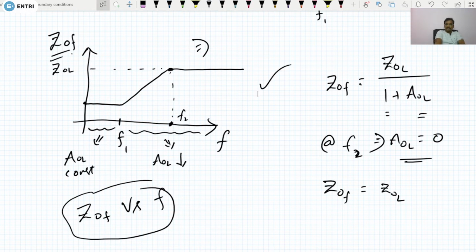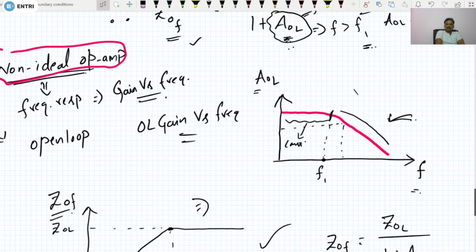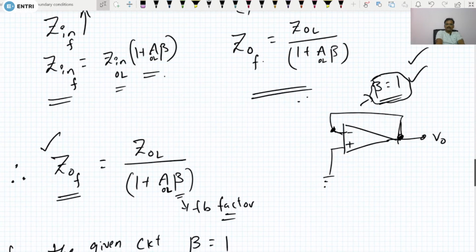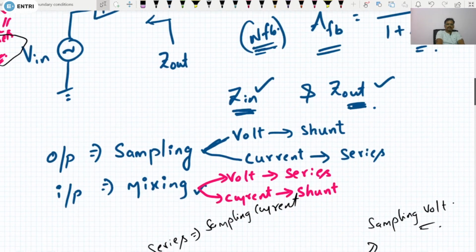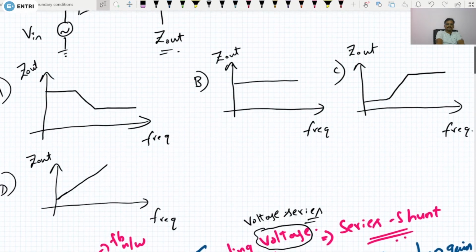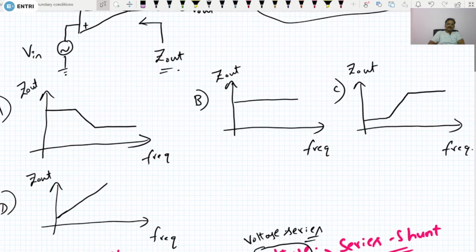So let us check which graph is correct. Initially it must be some constant, and then it has to increase, and then again it has to become constant. So option C is correct for this question.